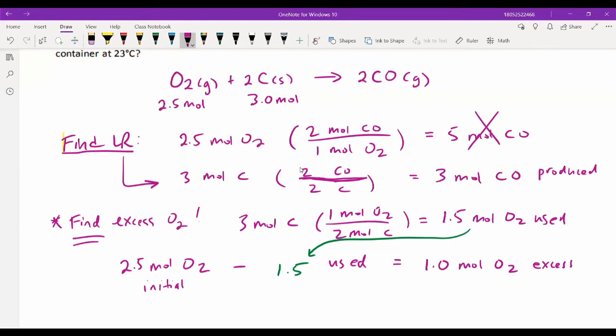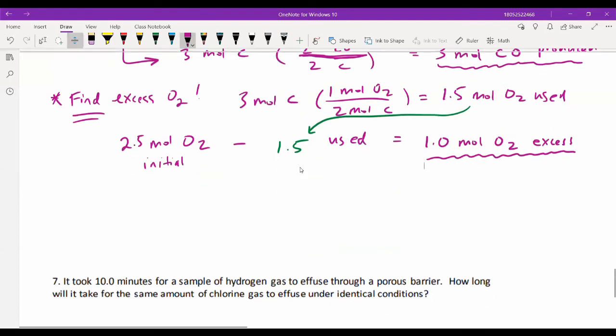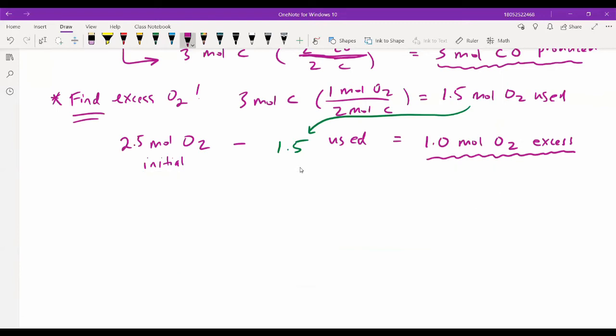Okay, so we have the 3 moles of CO that are produced, the 1 mole of oxygen excess, and now one way to do this problem is to find the pressure of carbon monoxide and the pressure of oxygen and add those pressures together, which works. Or we can just do the ideal gas law once, and by finding the total moles, we can find the total pressure.